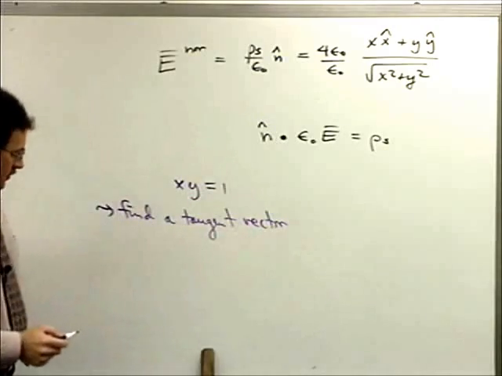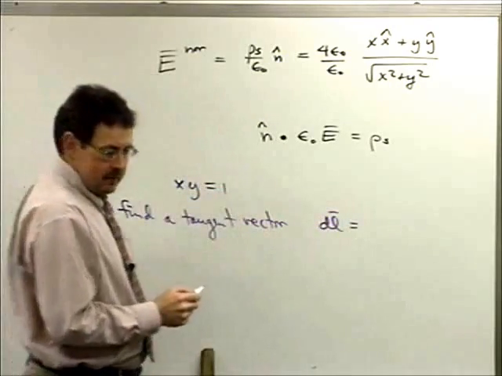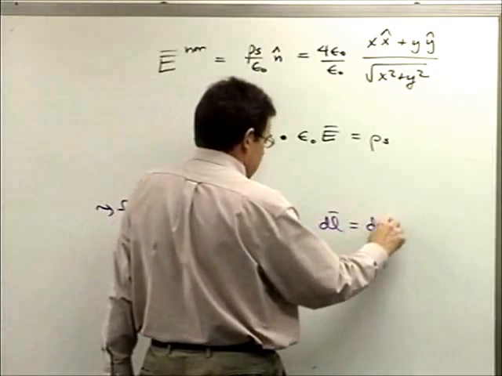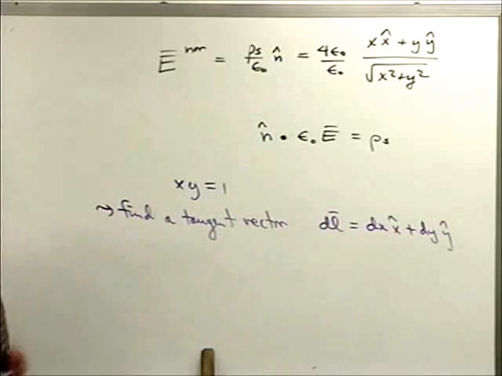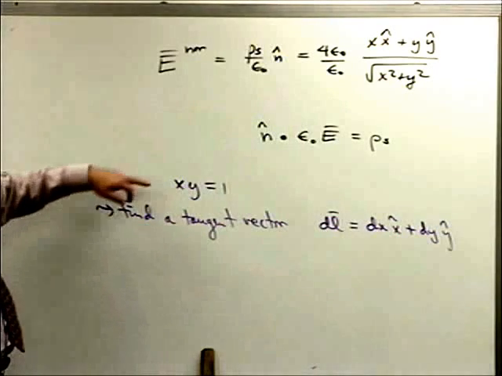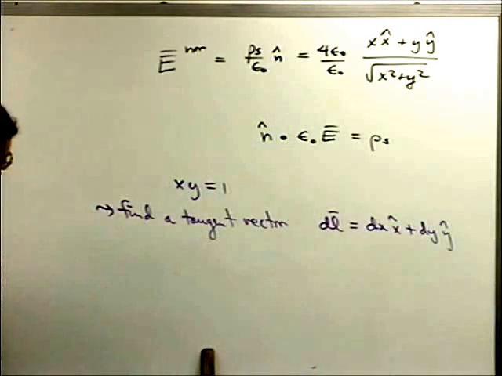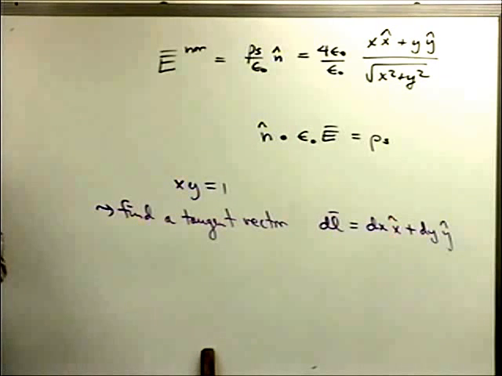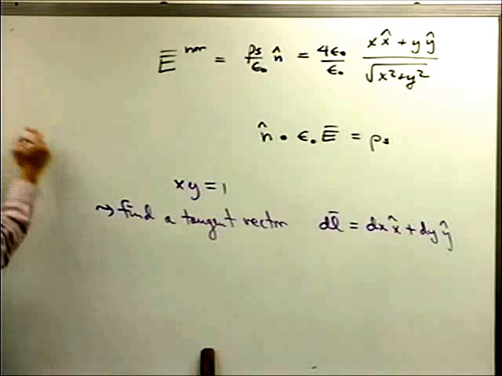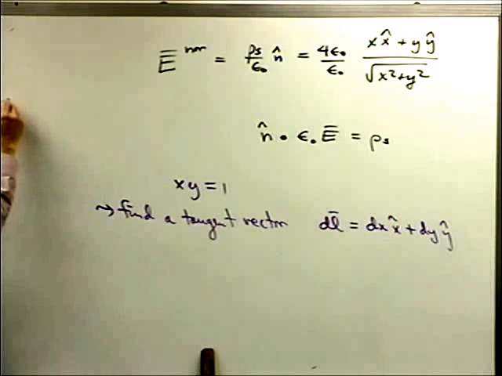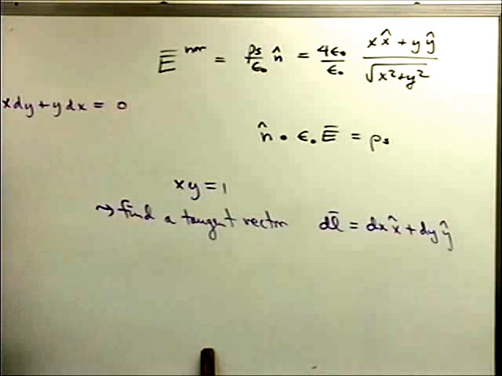A good tangent vector is the differential length vector dl, which would be dx x hat plus dy y hat. And all we need is a relationship between dx and dy, which we can extract from this equation here, for instance. So from that equation, we can say, well, differentiate this equation, you've got x dy plus y dx equals 0.